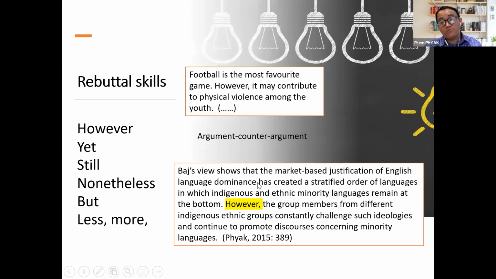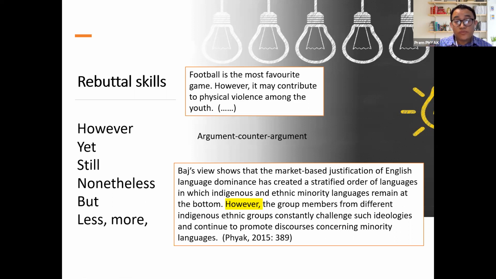So this is the description of what people are doing on Facebook, but this is just one point of view, and I counter this argument by using however, and there is another perspective as well. Similarly here, football is the most favorite game, however it may contribute to physical violence among the youth, right?